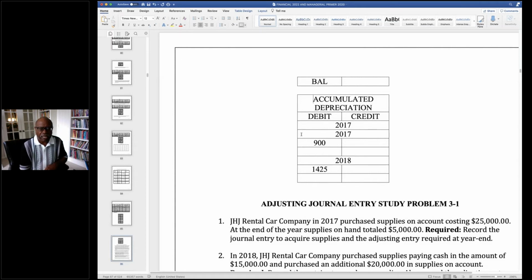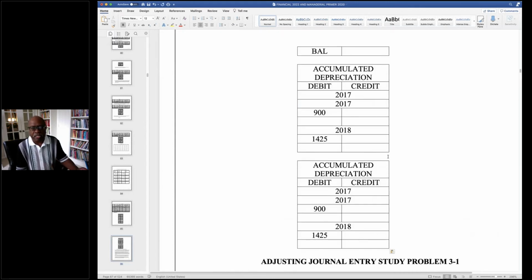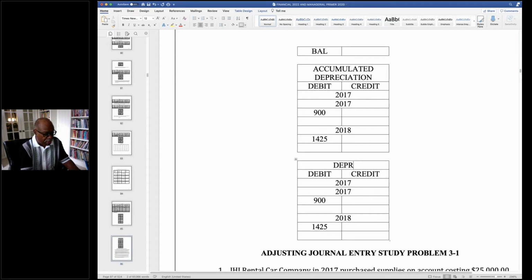Then I need to copy this. What other kind of account do I need? Depreciation expense. Okay, so we need a depreciation expense.